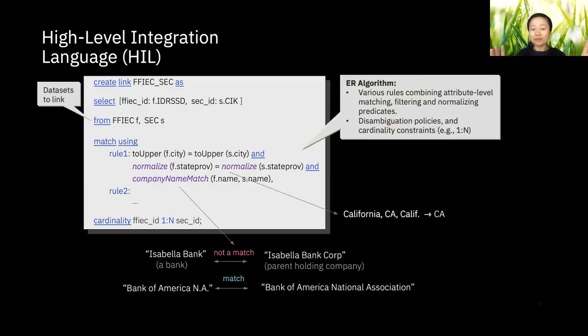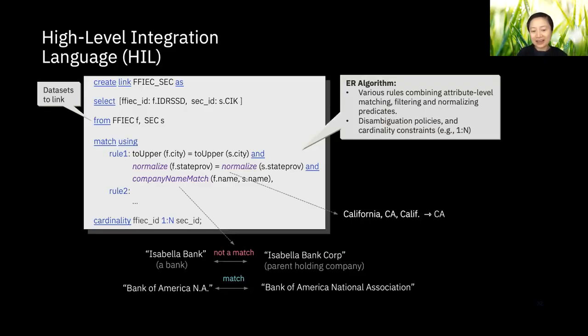So it's a very challenging problem, because you cannot just do that based on the surface string. In the first example, the strings differ by only 5 characters, but the second differs by much more. We need to understand the domain knowledge, because when you say something bank, it's a bank, but bank corp is actually the parent holding company, so they can never be the same regardless of the closeness of the string.